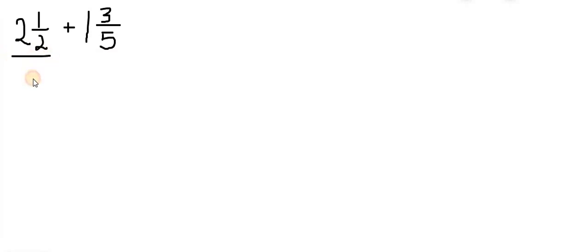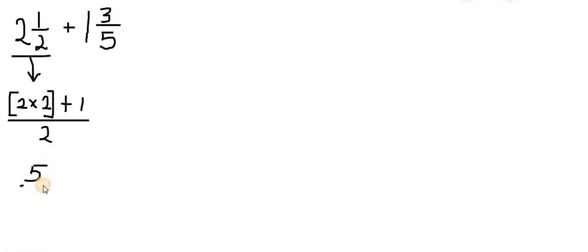So 2 1 over 2, that would be the bottom number 2 times the whole number 2 plus the top number of the proper fraction, that's 1, and the bottom number never changes, so that's just 2 again. That would result in 2 times 2 plus 1, that's 4 plus 1, so that's 5 over 2.